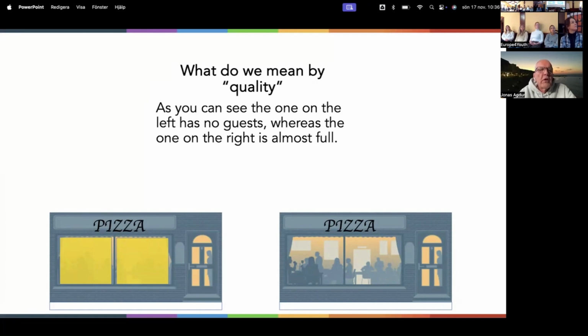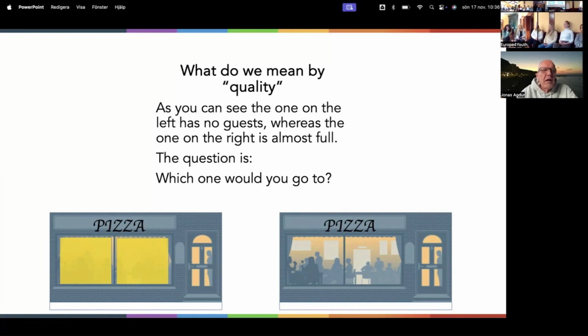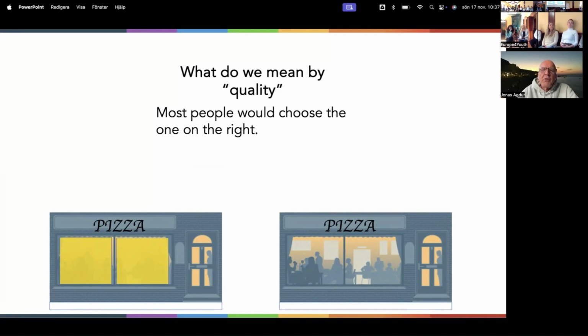But there is still a little bit of space for you, and you really want to have a pizza. So the question is, which one would you go to? Right, the one on the right-hand side. That would be the answer from actually most people. I've been doing these presentations a couple of times before, and everybody says, I will go to the one on the right side. Most people would choose that.